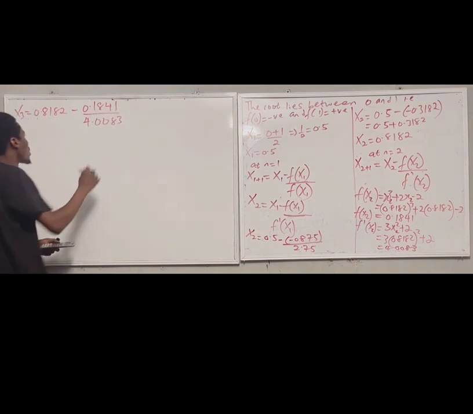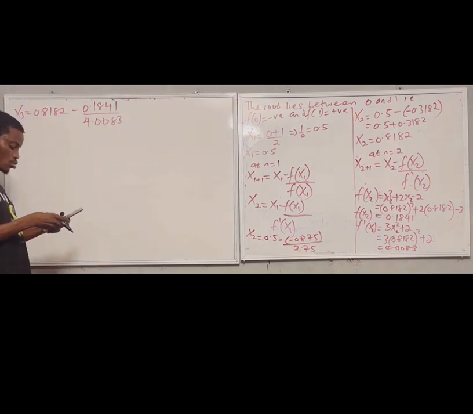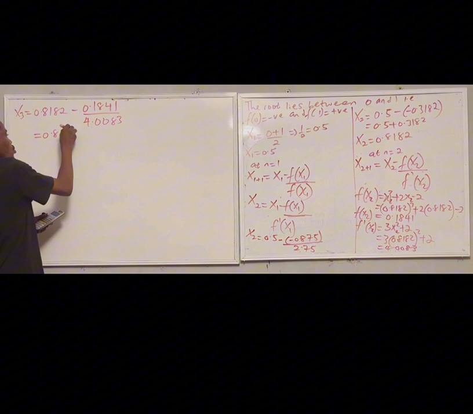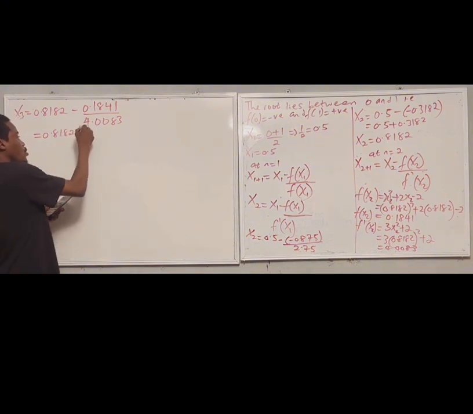So S2 is 0.8182, then minus f of S2, which is 0.1841, over f prime of S2, which is 4.0083. If I solve this, I'm going to have 0.1841 divided by 4.0083. Here I have 0.8182 minus this divided.